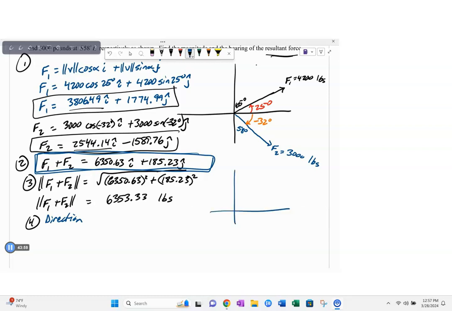If I'm drawing this, I'm going right 6350.63, that's my a, and then I'm going up 185.23, that's my vertical component b. So the tangent of theta would be 185.23 over 6350.63. So I take the arc tangent of that. Make sure you're in degrees, so it spits it out in degrees.